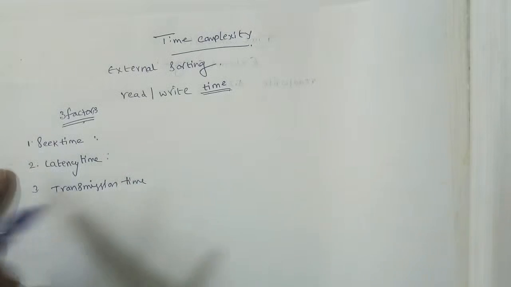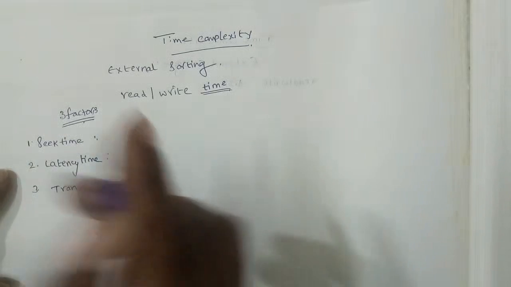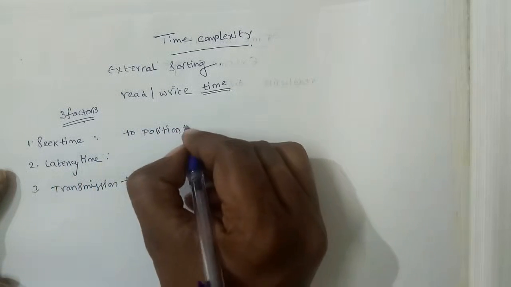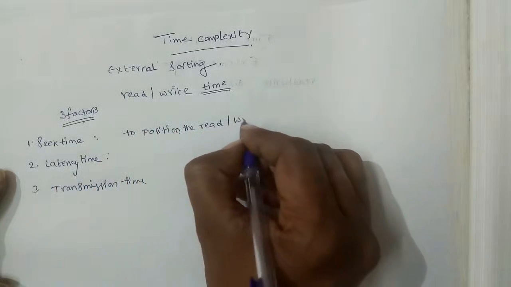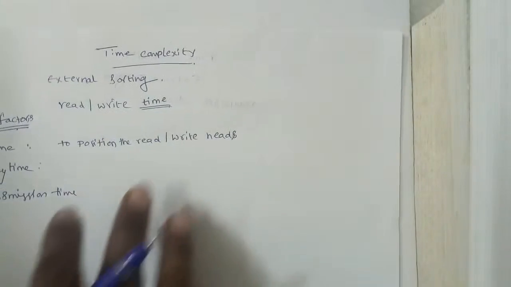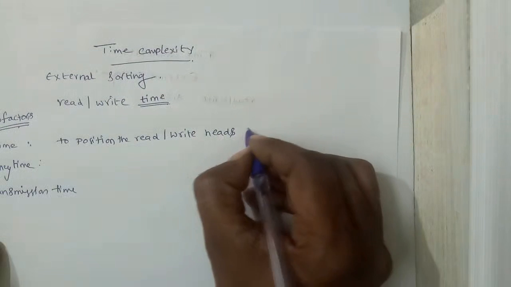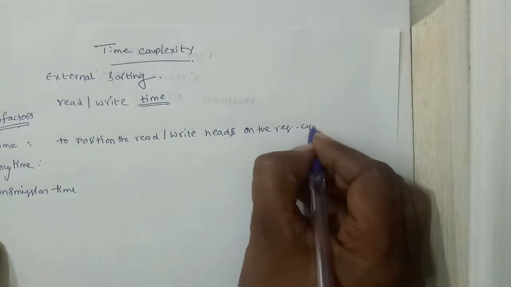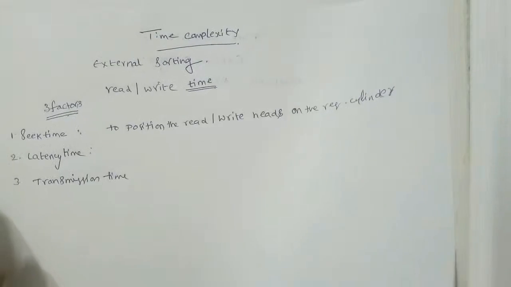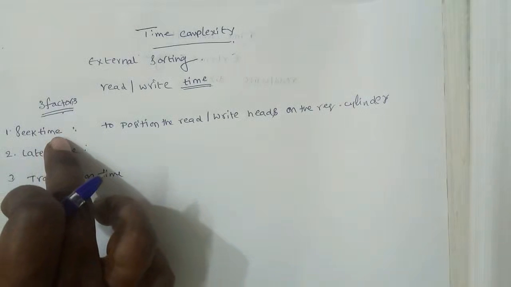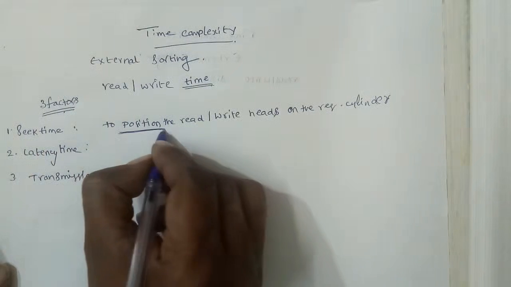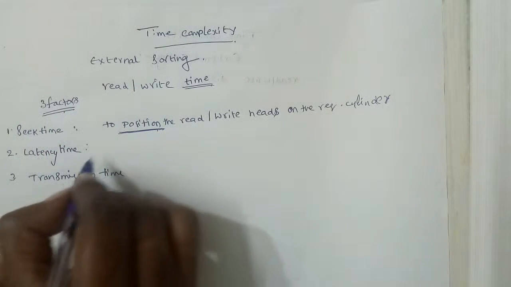Seek time is simply to position the read or write head on the required cylinder. This is called seek time. Generally the seek time depends on the number of cylinders contained by the disk. Simply remember this: to which position we have to perform the read or write operation.